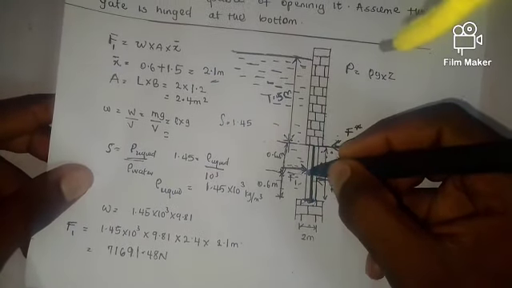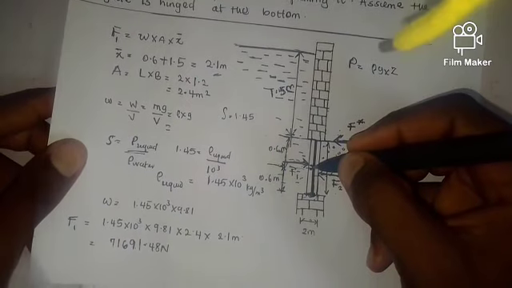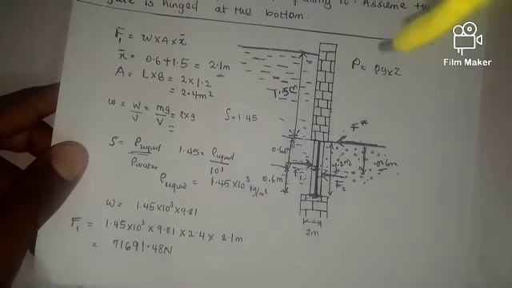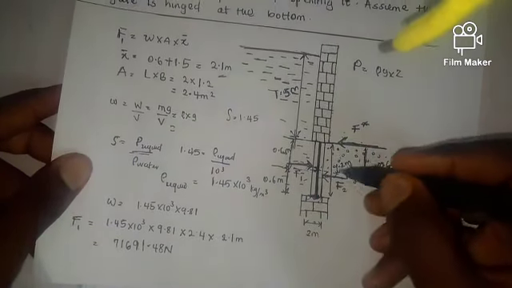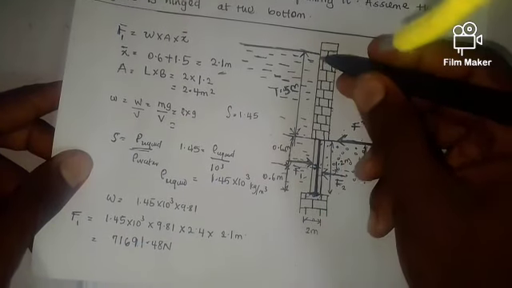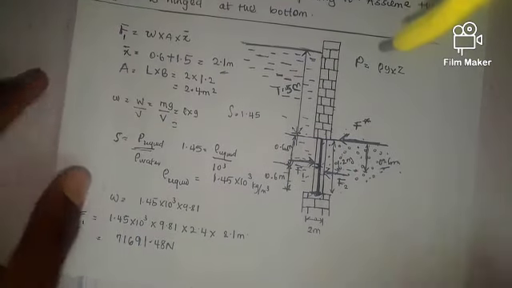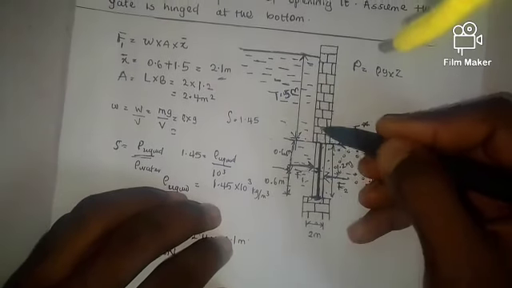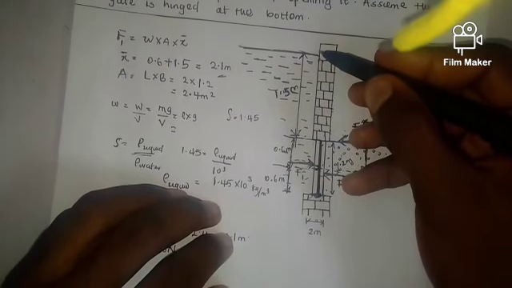From here to here is 1.2 and from here to here is 1.5.